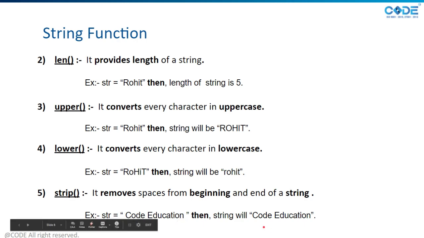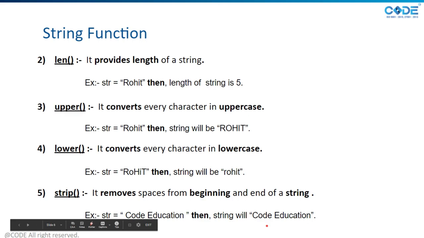The first space is at the beginning and the last space is at the end, and the middle one is between code and education. Now what will the strip function do? It will remove the spaces from the beginning and the end of the string. So the output for our input string is code space education. It removes 2 spaces, one from the beginning and another from the end.